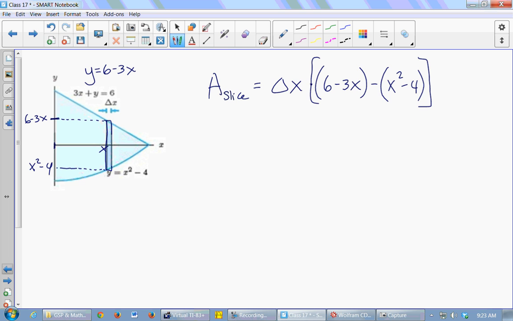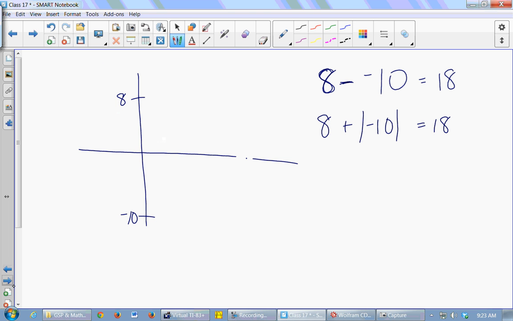You still subtract. Look, instead I put a 2 here. What's the distance between 8 and 2? 8 minus 2, 6. And the distance between two values on a number line, you subtract.